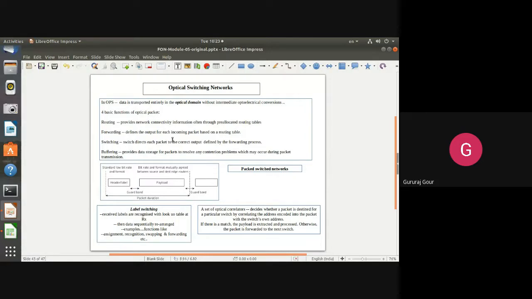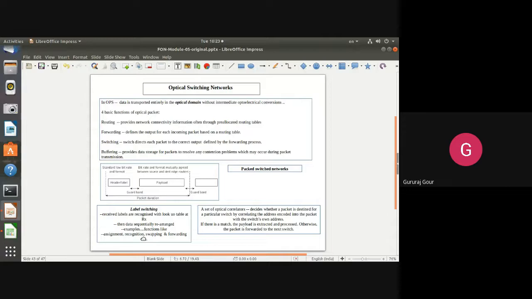This OPS is also known as label switching. When you transmit with this kind of packet structure, at the receiver side the received labels are recognized by searching the lookup table, and accordingly the data will be sequentially rearranged.